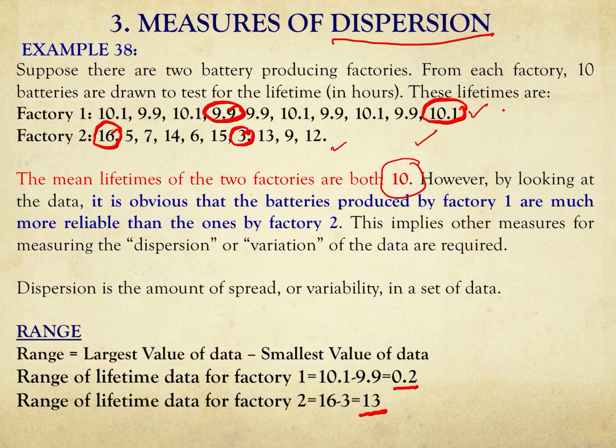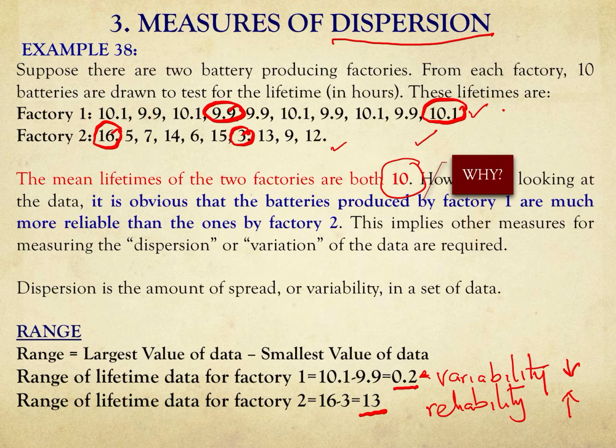The variability in factory 1 is low, lower than in factory 2. The implication of that is the reliability of the battery from factory 1 is higher because of the low variability.